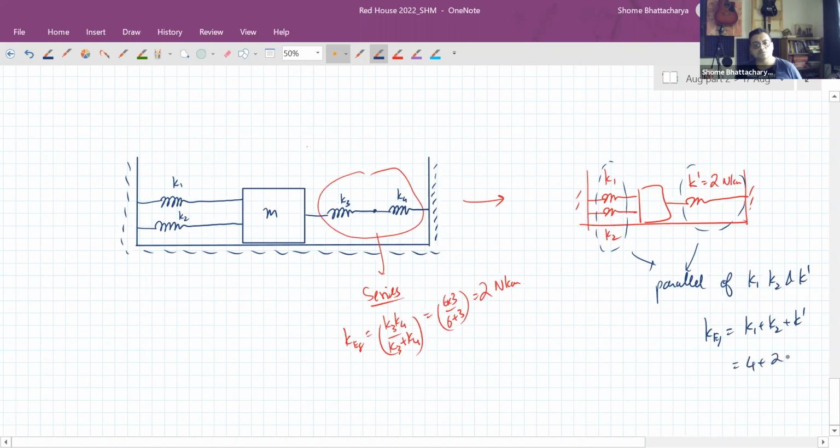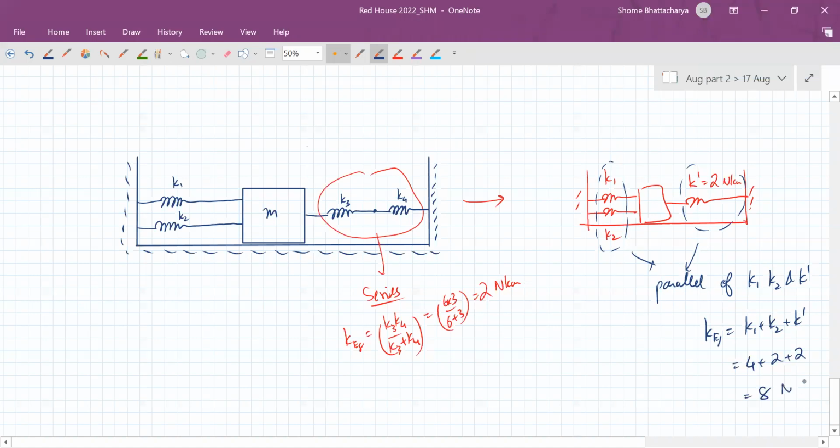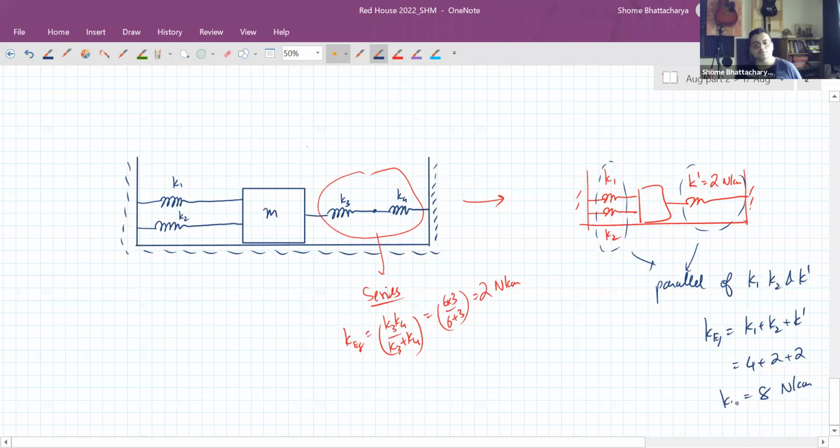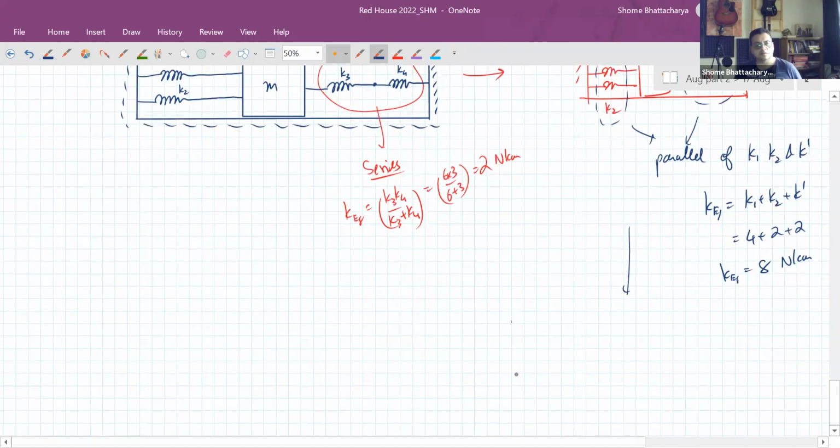And K2 was 2, and this is also 2 Newtons per centimeter, right? So that is the overall equivalent spring constant of the whole system. So now this is equivalent to a single spring system with equivalent spring constant 8 Newton per centimeter, and mass of the block is 2 kg.